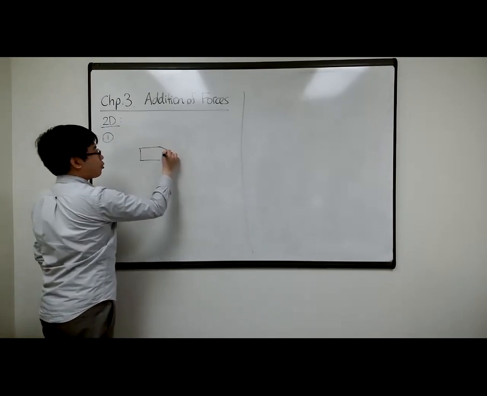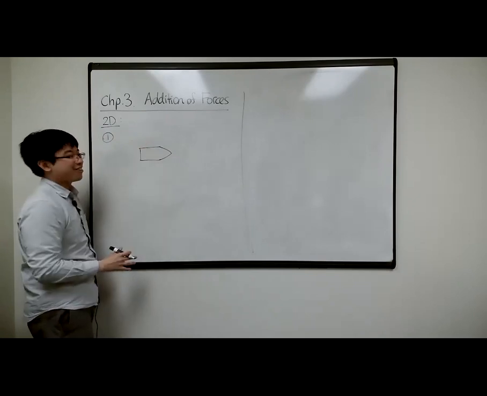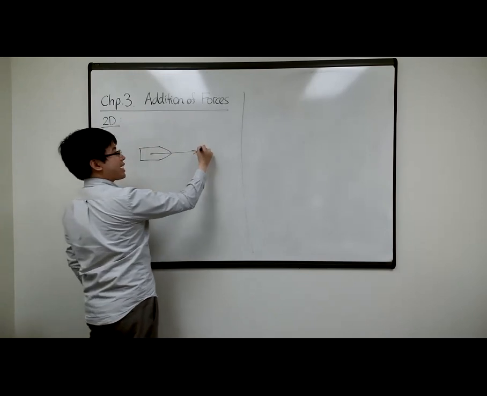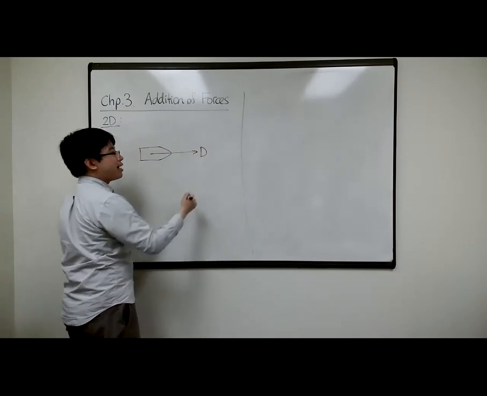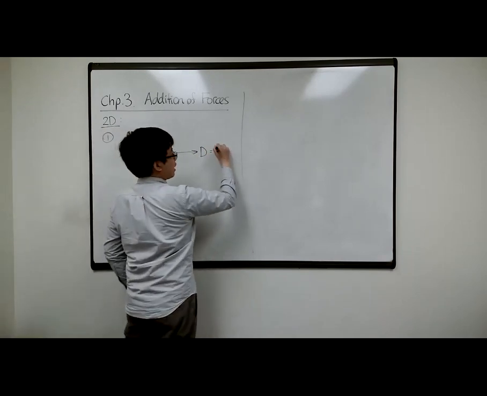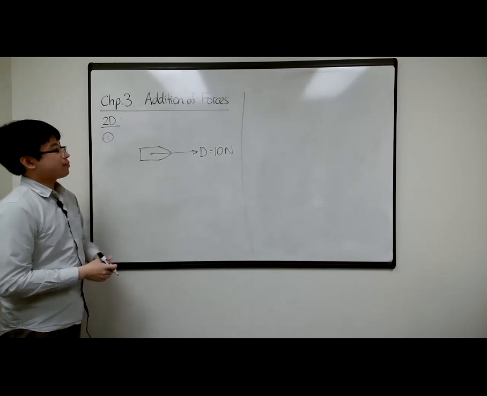If we have a boat, let's say, that's my boat, looking from top down, and it's trying to sail forward. It has an engine, it has a driving force of, let's say, 10 newtons. Pretty small driving force, but that's fine.